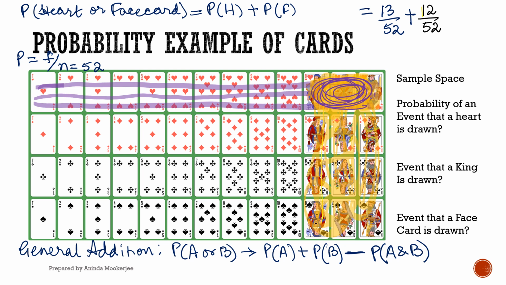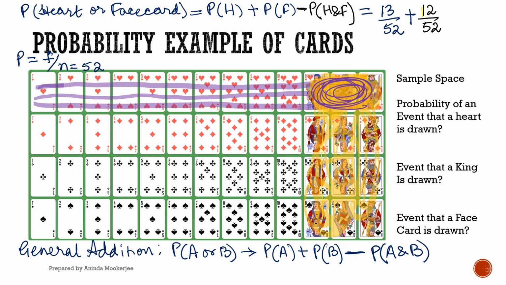So minus, this tells us that these are not mutually exclusive events, correct? Because there are situations where hearts and face cards can occur together. So we have to subtract that common intersection, which is the probability of hearts and face cards occurring together.